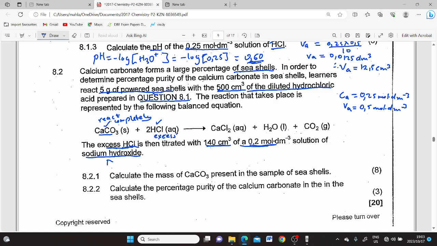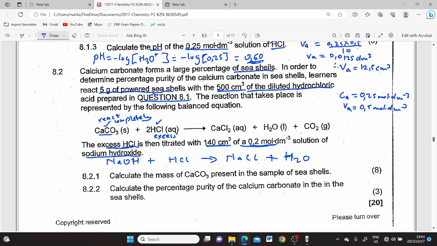So now it means we have NaOH reacting with the HCl that was in excess, and of course this will produce sodium chloride plus, looking at this one, we'll have H2O here.